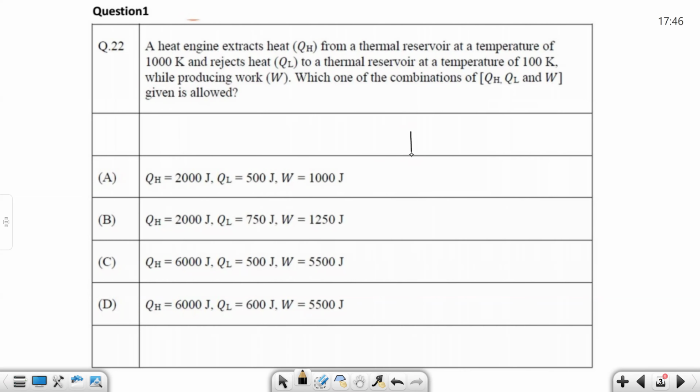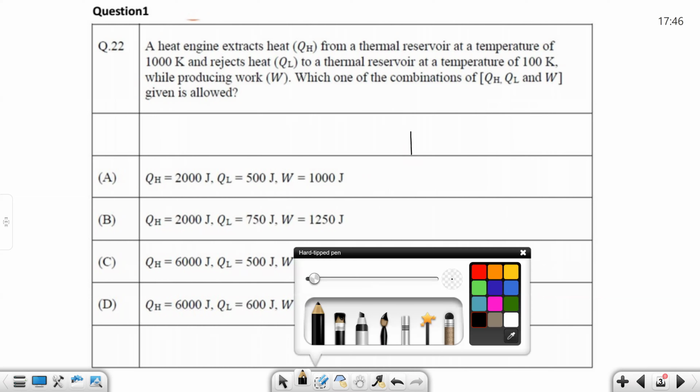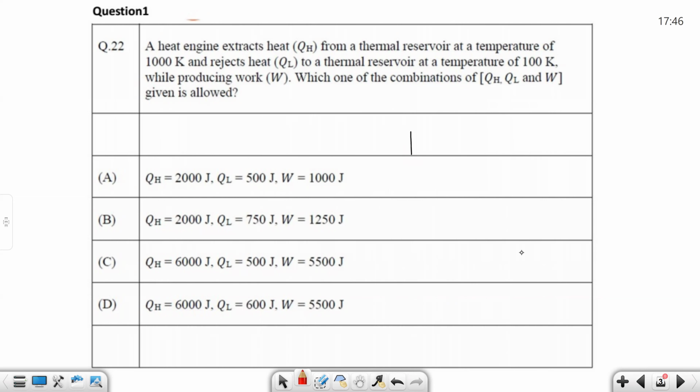Let's say you have a heat engine. It is taking heat from a source, which is at 1000 Kelvin. So it takes a heat QH.